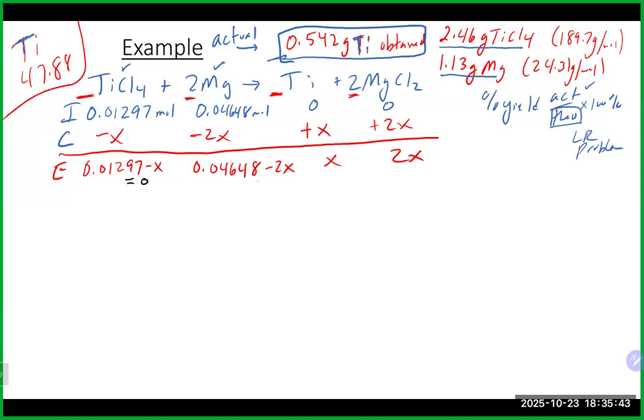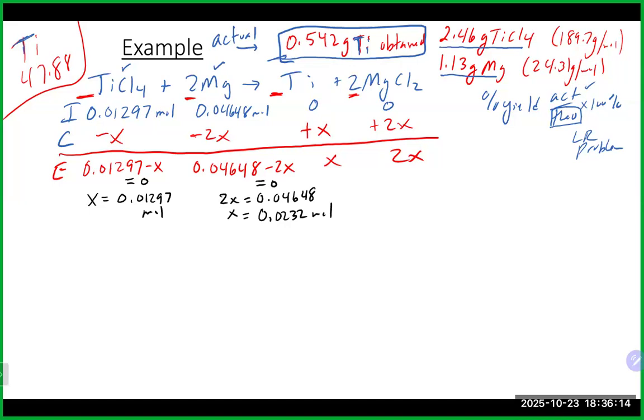Hopefully, we're just going to set each of our reactants equal to 0 to solve for x. First one, pretty straightforward there. x is going to be 0.01297 moles. Here, that will basically give us 2x is equal to 0.04648, dividing the 2 to the other side. It's going to get us here, looks like 0.0232 moles. First off, any questions on that little calculation there?